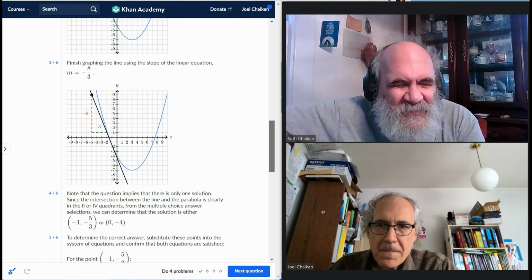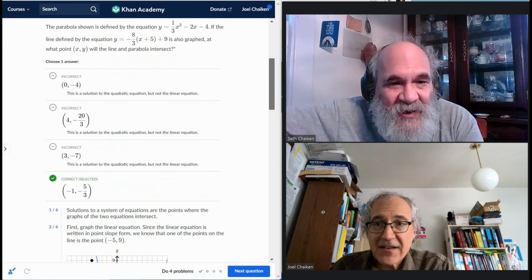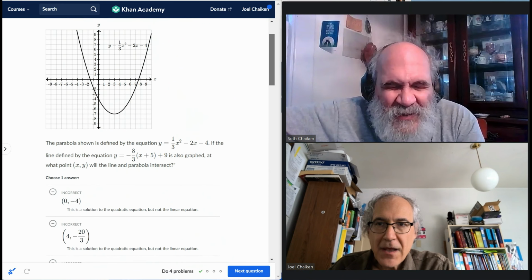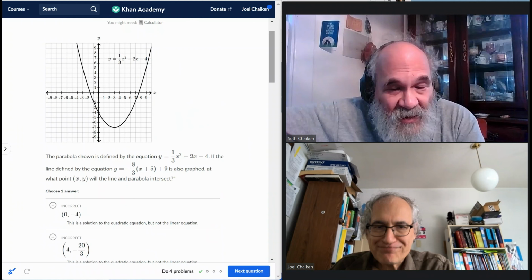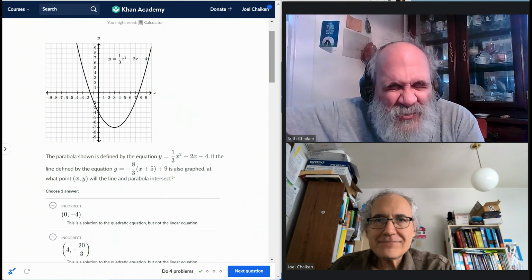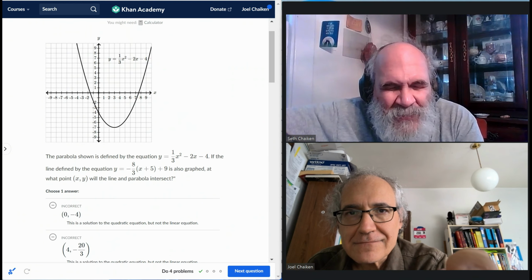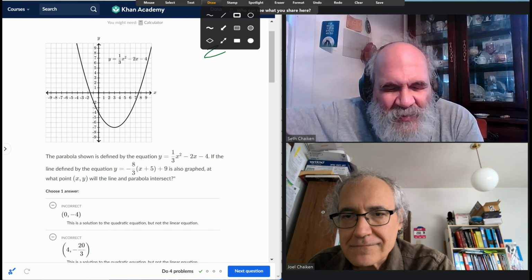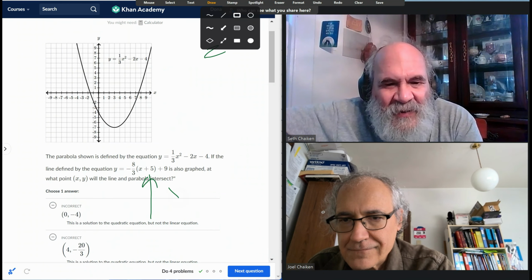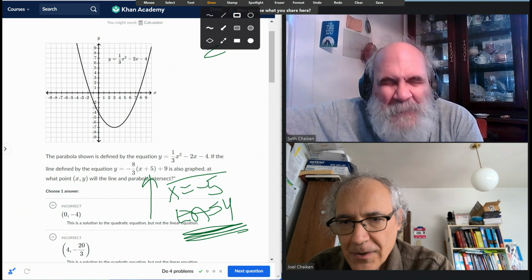Their method of graphing was very good. Let's learn from that. Find one point that's easy to find, and then plot the other point so that it has the slope and it's an integer point, by going down 8 and over 3.